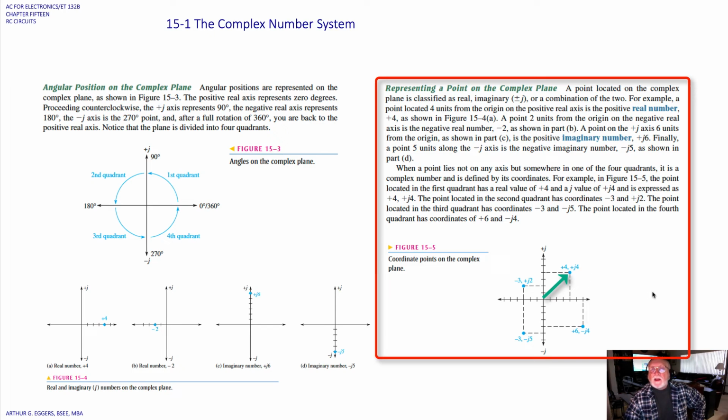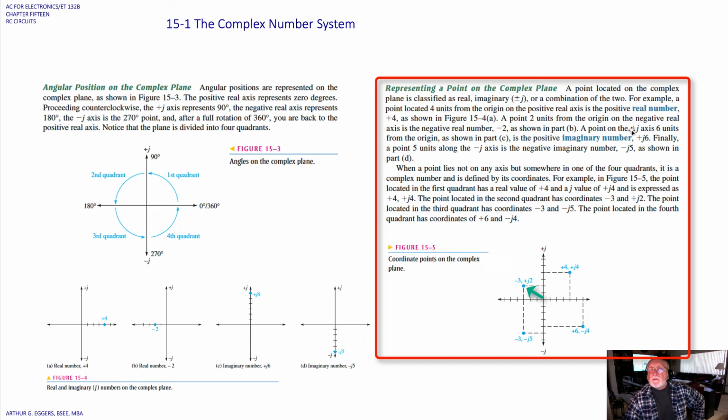A point located on a complex plane is classified as real, imaginary, or a combination of both. A point located 4 units from the origin on the positive real axis is the positive real number, plus 4. A point 2 units from the origin on the negative real axis is a negative real number, minus 2.